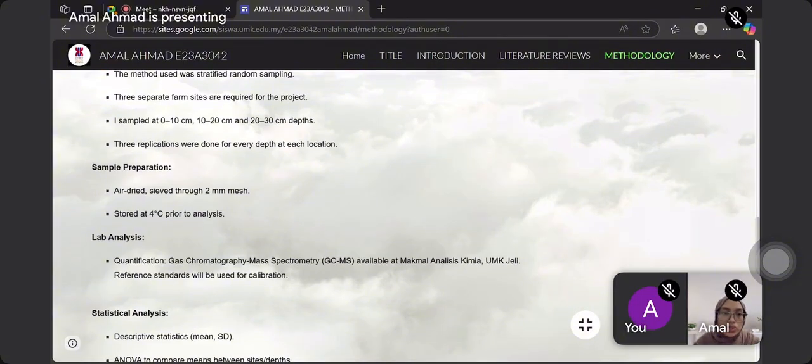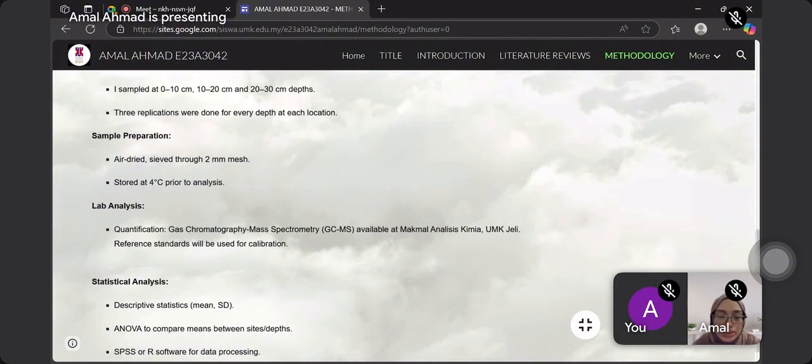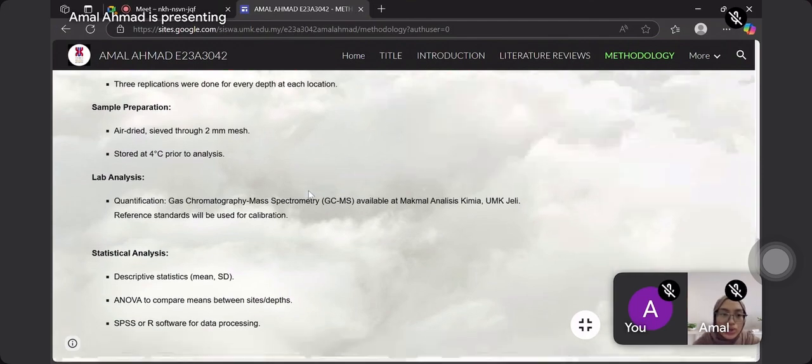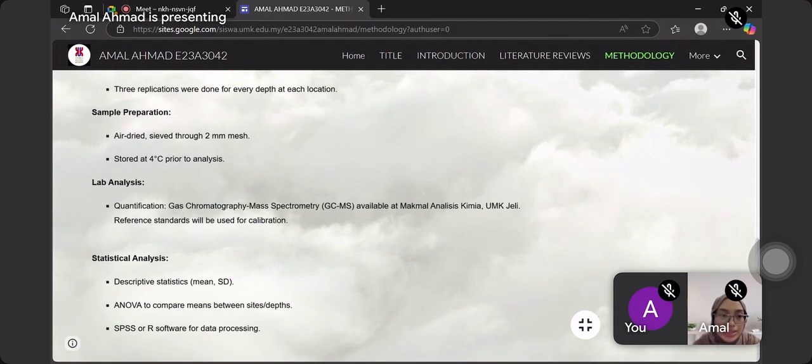Sample preparation is air dried, sieved to 2 mm mesh, and stored at 4 Celsius prior to analysis. Lab analysis is quantification by gas chromatography mass spectrometry, GCMS, available at Makmal Analisis Kimia UMK Jeli.